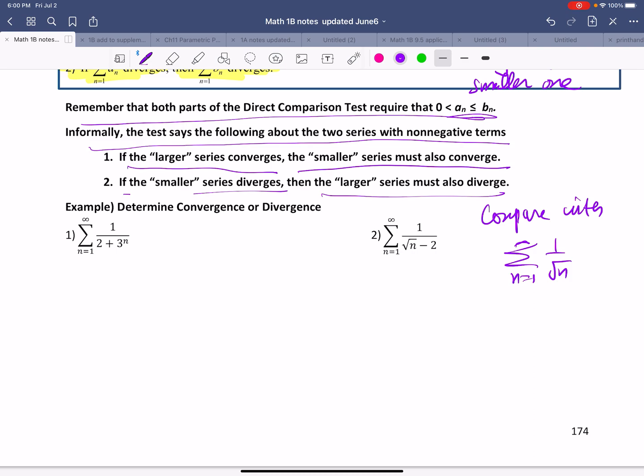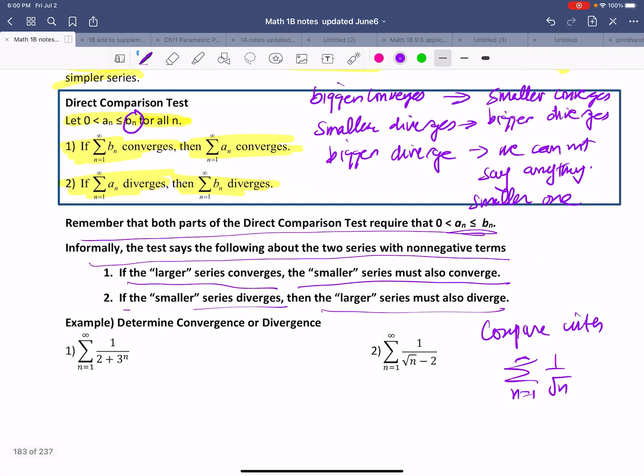Here's something to keep in mind whenever you're thinking about which series to compare with. One, it has to be either a geometric series or a p-series that you know for sure about convergence or divergence. Second, you either want to find a bigger series than yours that converges, or a smaller series than yours that diverges.